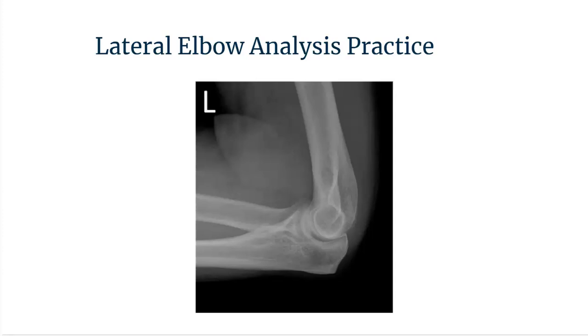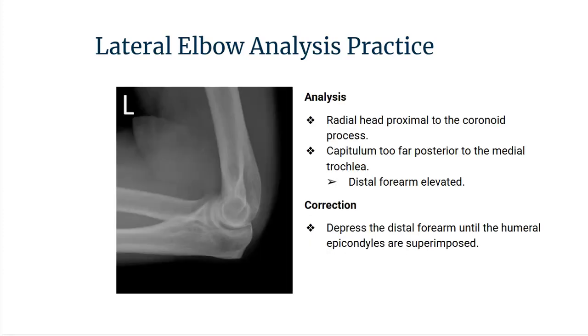Go ahead and review this practice analysis and answer the following question. Again, let's analyze this image together. Looking at this projection, you can tell that the humeral epicondyles are nearly superimposed here.